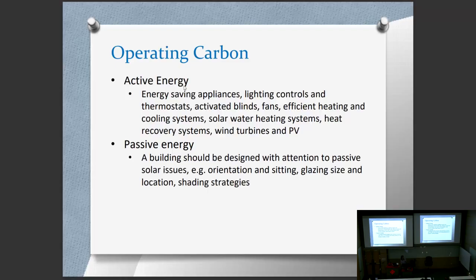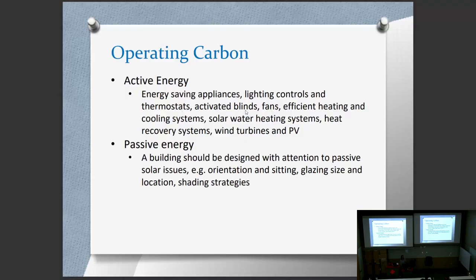For reducing the active energy, maybe use energy saving appliances, energy efficient equipment, LED, lighting control, and a thermostat to control the air conditioning system.